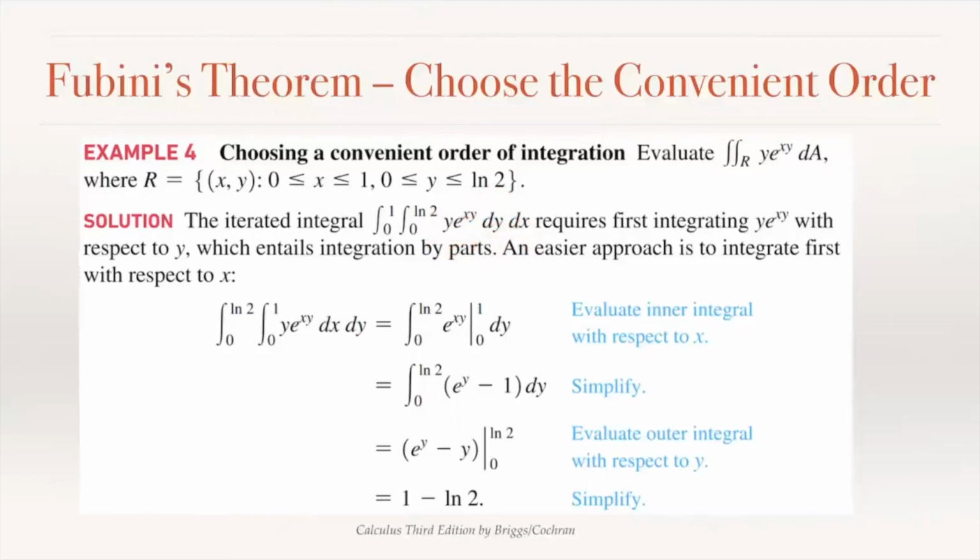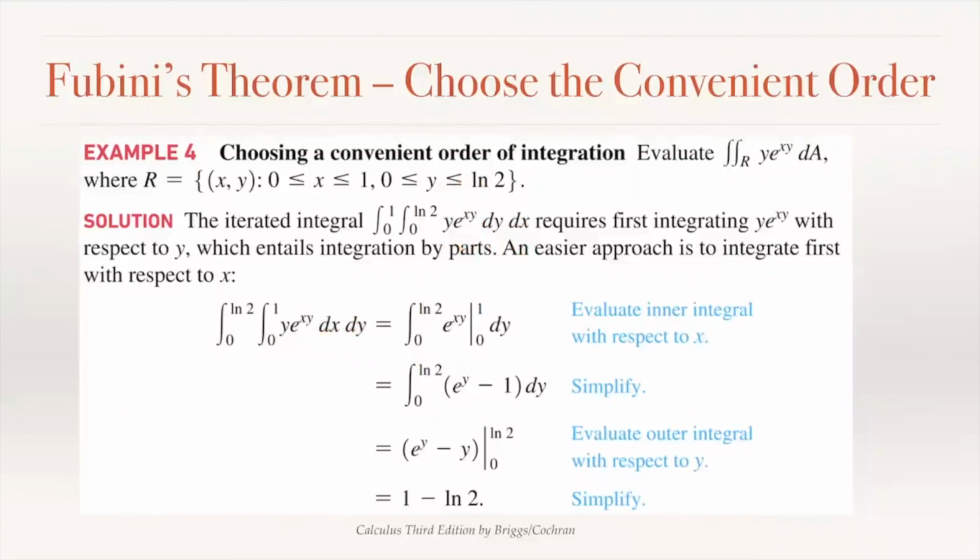On the other hand, if we were to take it dx dy, then doing the inside integral is quite simple because there's just a single x, and then when we integrate that dy, there's also no integration by parts.